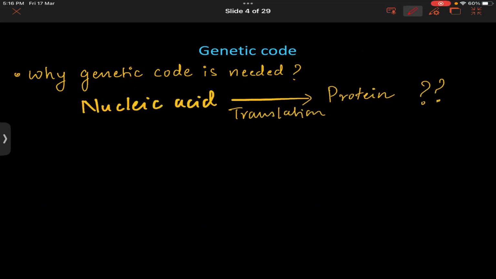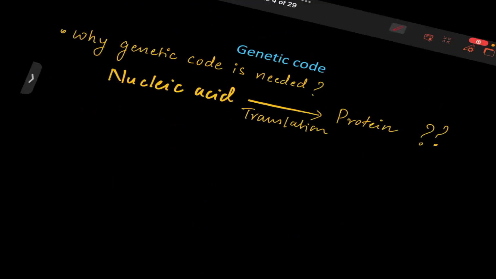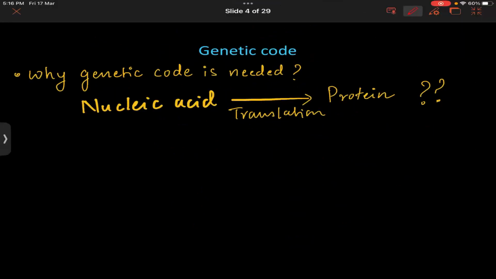Now next is the case of translation. In the case of translation, what happens is the language becomes different. The nucleic acid, that is mRNA, all right? Whatever information is there in mRNA gets copied, okay? And in the form of amino acids, okay? So this language becomes different.